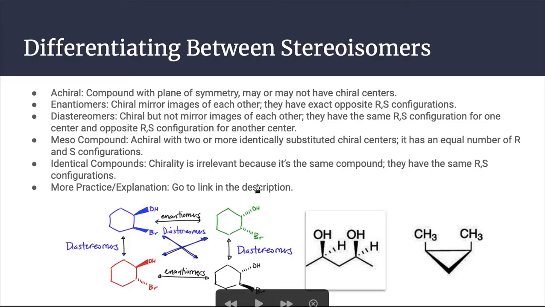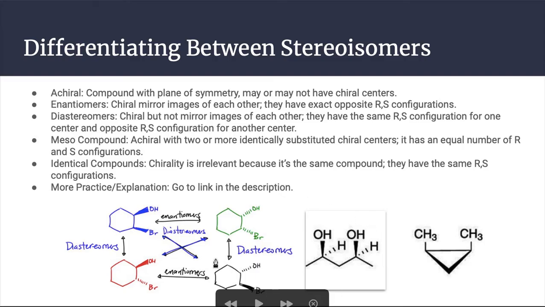What you can do to test if two compounds are identical is look at their R and S configurations. If they're the exact same compounds, they will have the exact same R and S configurations. That's the condition over here.